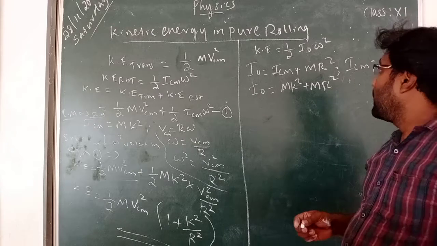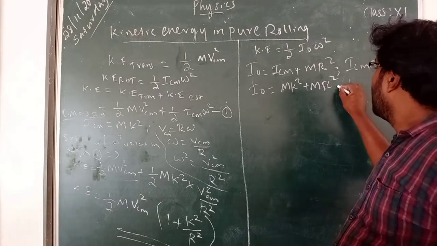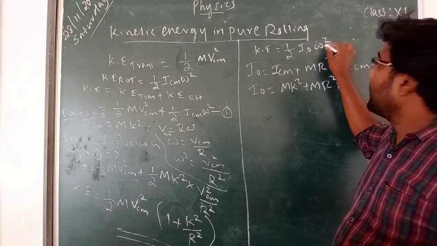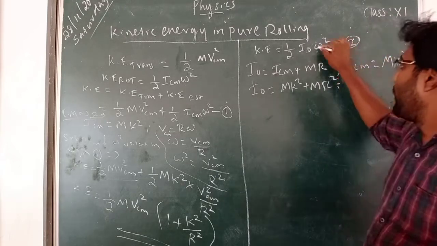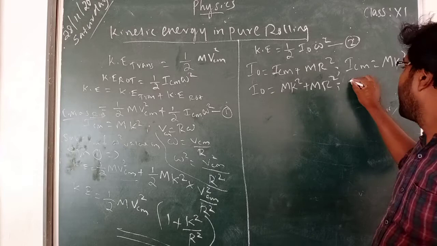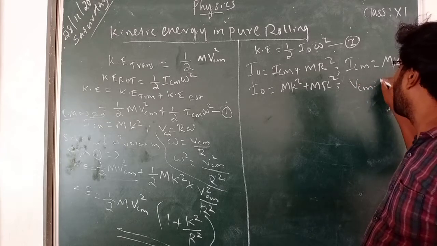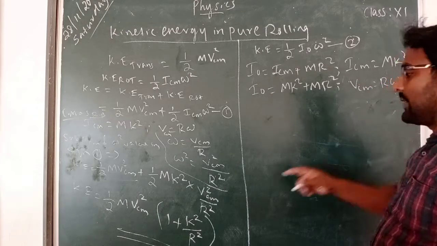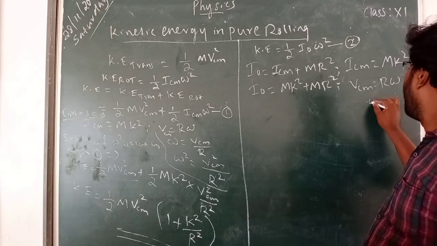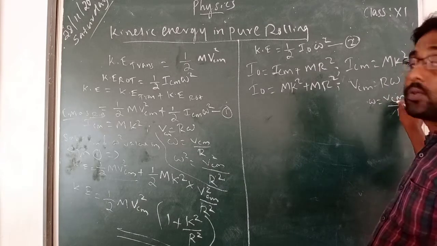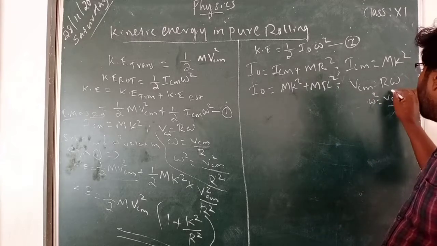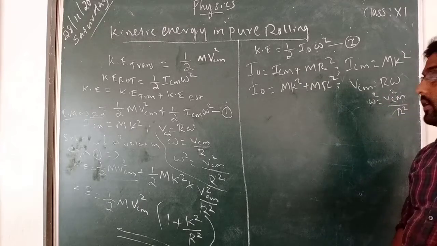So now what you have to do, here omega is there. This you can keep as equation 2. Okay. Now find out omega square. We know that VCM is equal to r omega, the same thing. So omega is equal to VCM by r. Omega square means v square by r square.